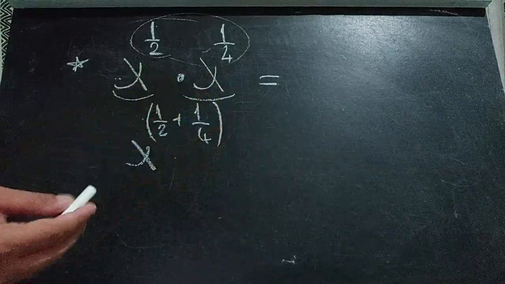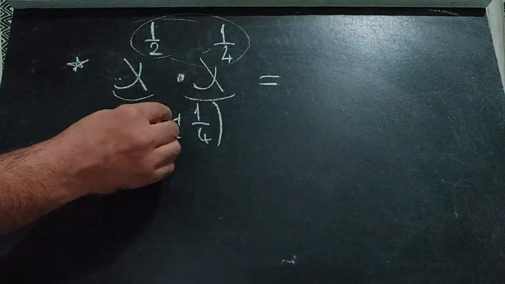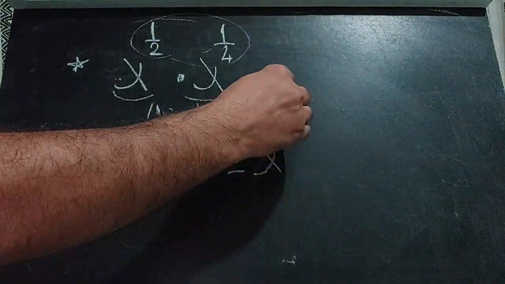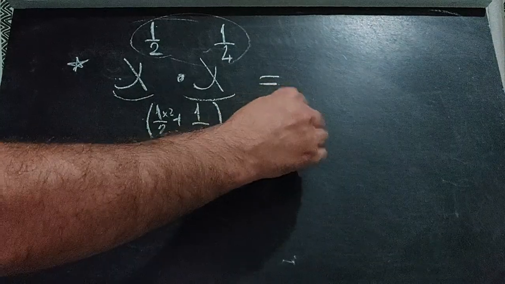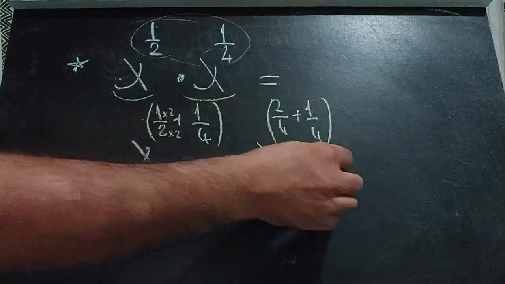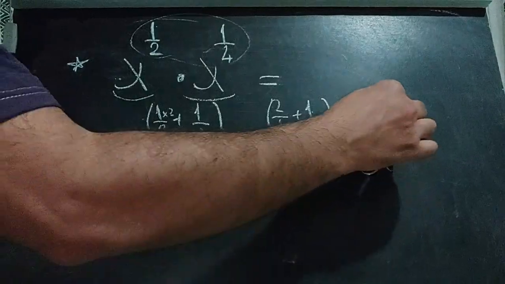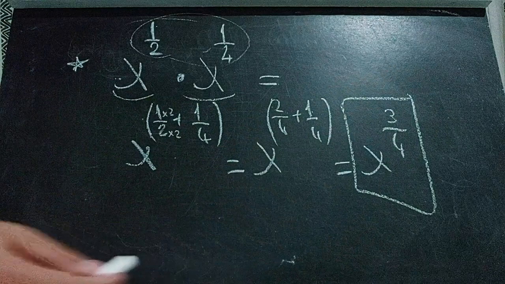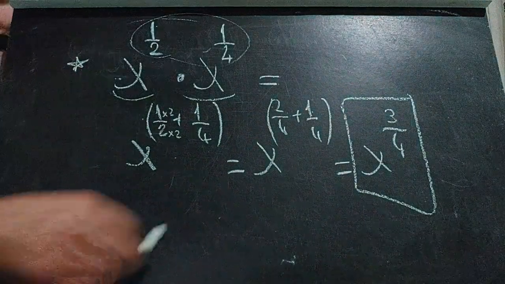According to fractions, you equalize the denominators, multiply by 2, multiply by 2. That will give me x power 2 over 4 plus 1 over 4. Add numerators to each other, x power 3 over 4. That will be your answer. Right.